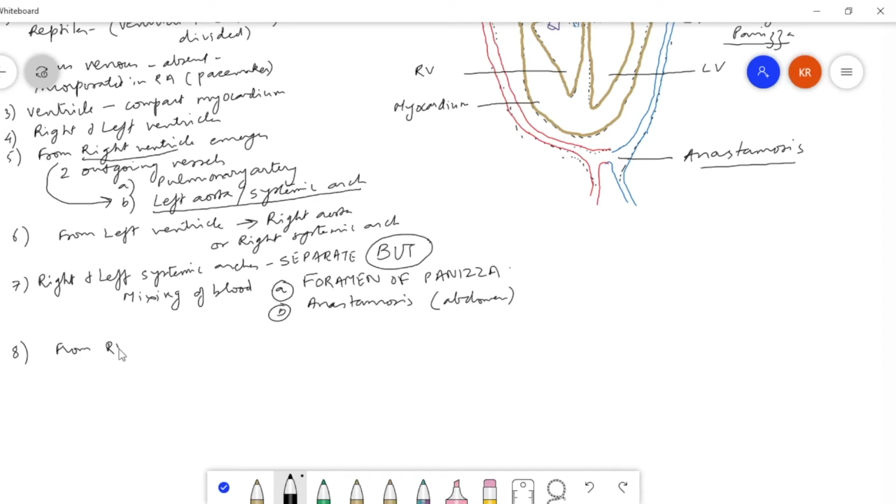From the right ventricle also emerges the pulmonary artery, which will go to the lungs.